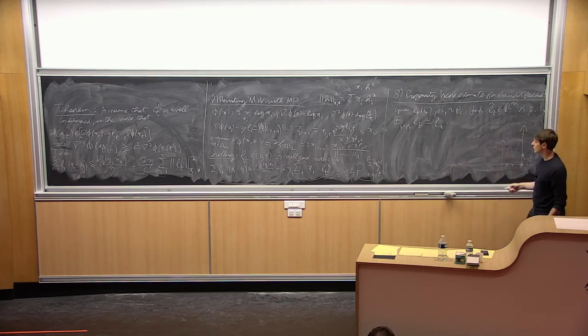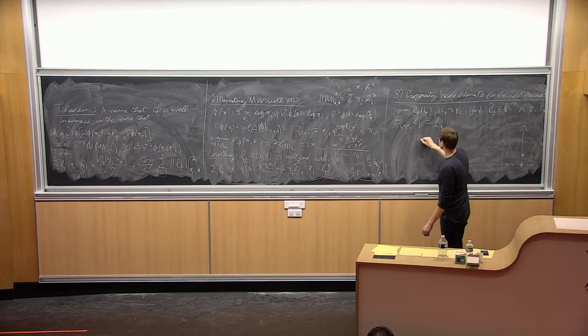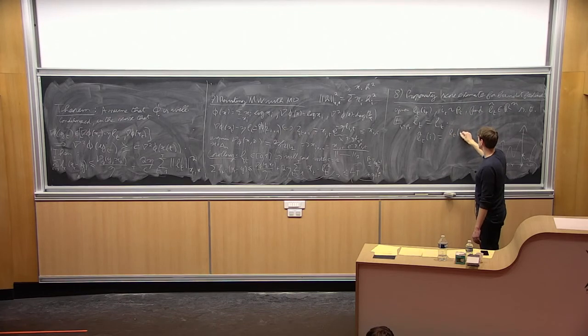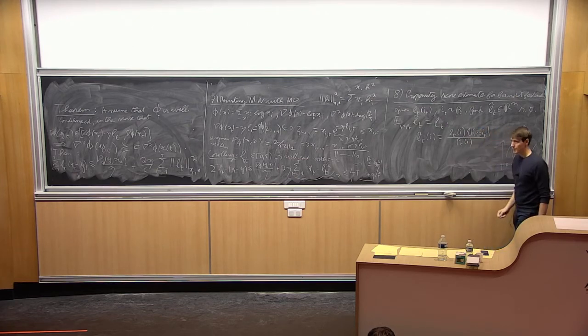Okay, so let's see. What is the formula? The formula is just this. L tilde T, let's say at location i, is just what I said. It's LT i, but I see LT i only if i is equal to IT, and I renormalize by the probability of seeing this. So this thing I can compute.